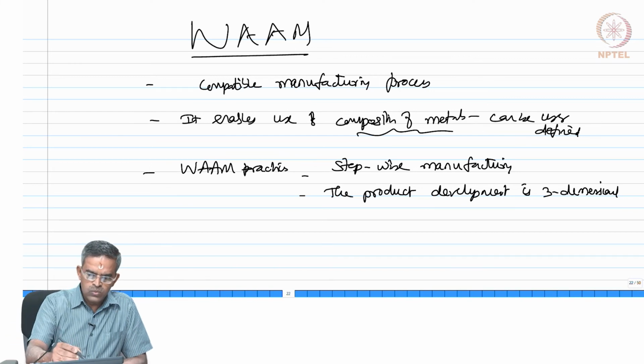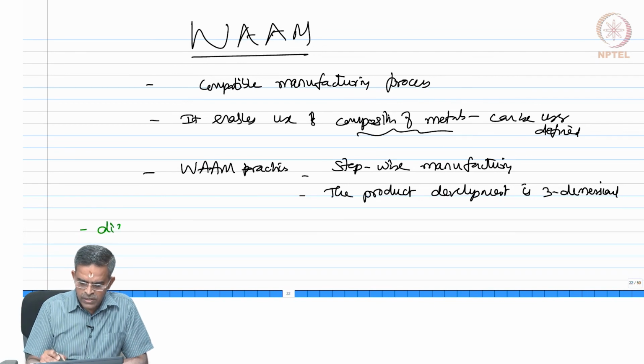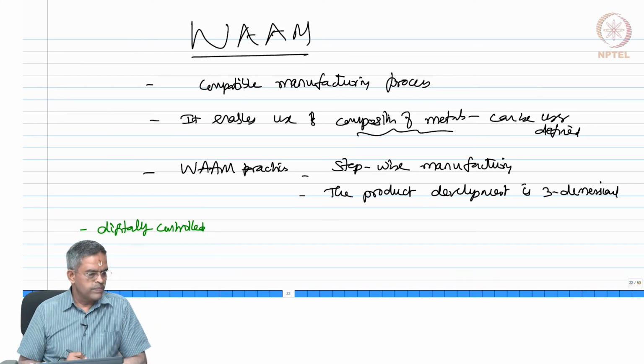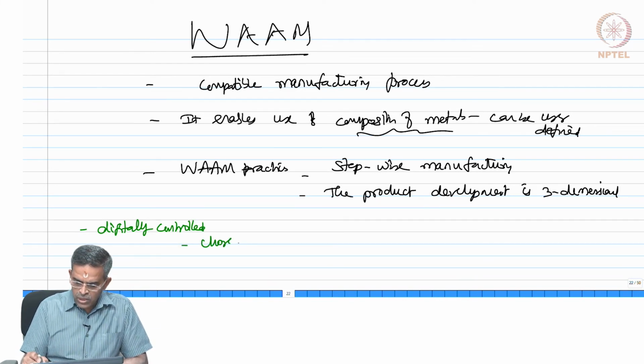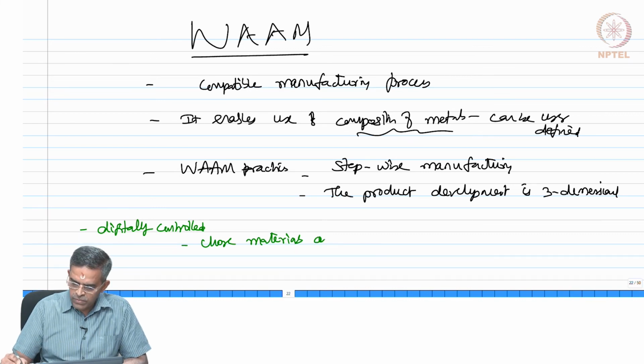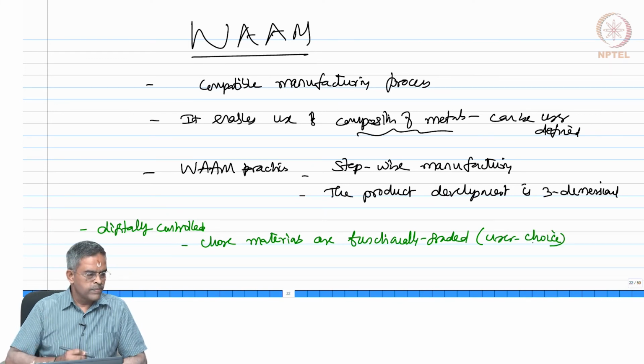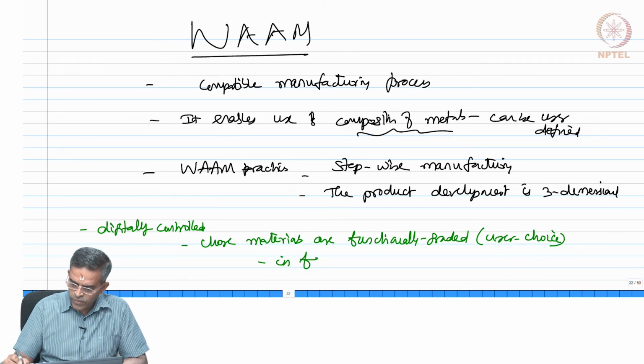So, how does it do this manufacturing? The manufacturing process is digitally controlled, wherein the chosen metals, or I should say materials, are functionally graded as per the user in the form of wires.